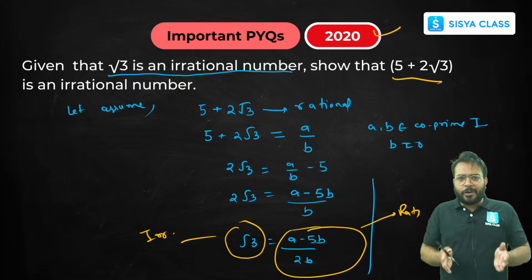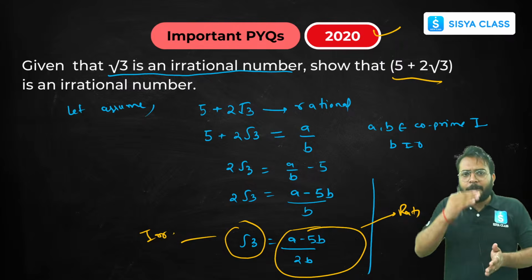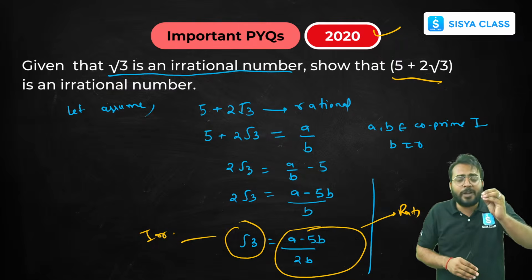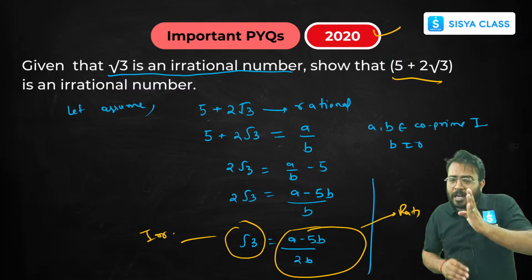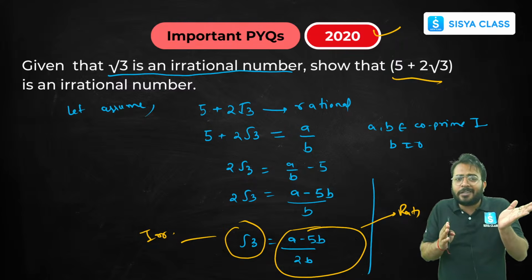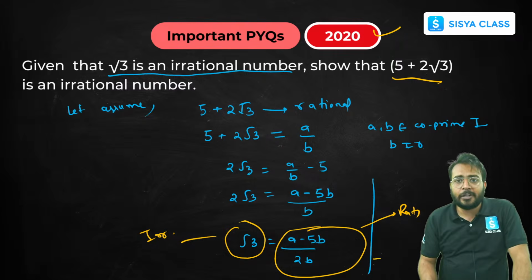Understood my point? All A and B are integers, and that's why when you solve this, their addition, subtraction, multiplication is going to be a rational number itself. So our RHS is going to be a rational number, and it is given that our LHS is irrational. That means these two are contradictory. And why are they contradictory?